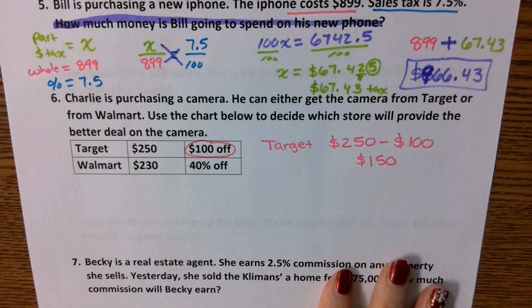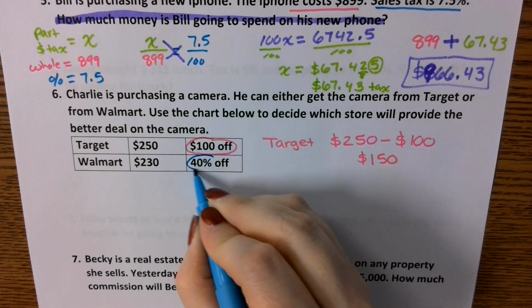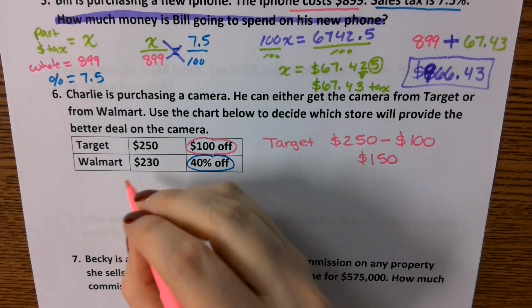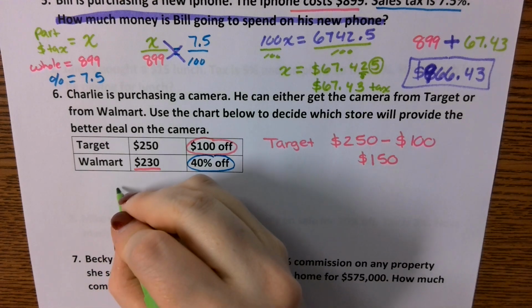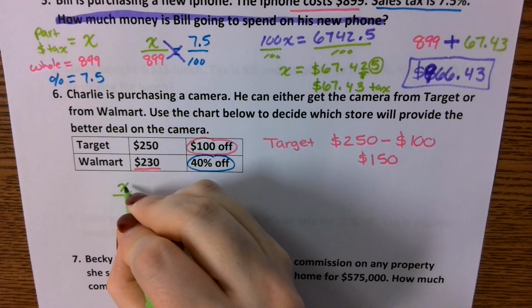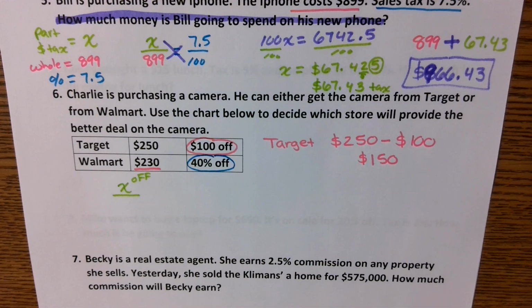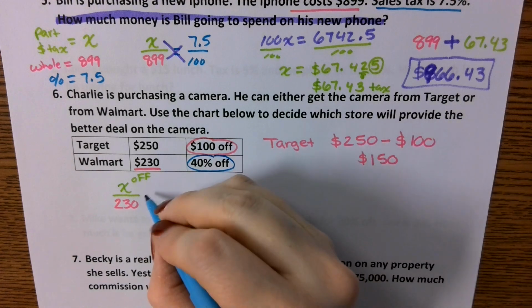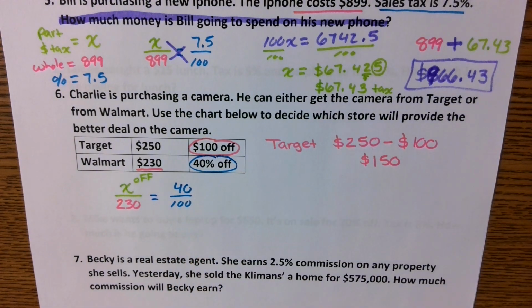So now we need to figure out, well, what's Walmart selling theirs for? So for Walmart, Walmart has 40% off of their price, which their price is $230. So we're going to set up a proportion. We need to figure out how much money are we going to take off, which is our X, out of the $230 that they're charging, if they're giving us a 40% discount out of 100%.